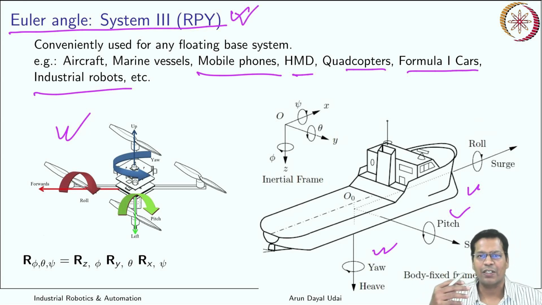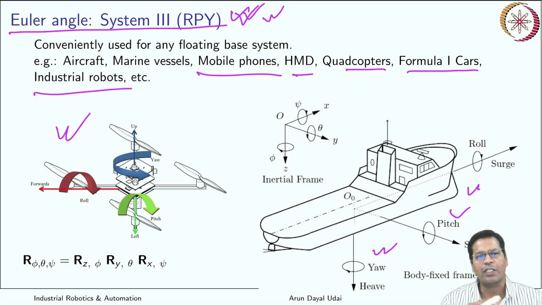Although the frames are relatively placed, it is easier to express them in roll-pitch-yaw system because apprentices who are programming the robot can easily visualize how my robot is oriented if I just say these 3 angles. Okay, and that is how it is programmed.